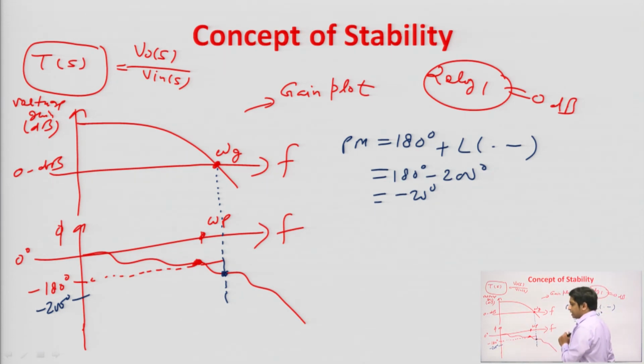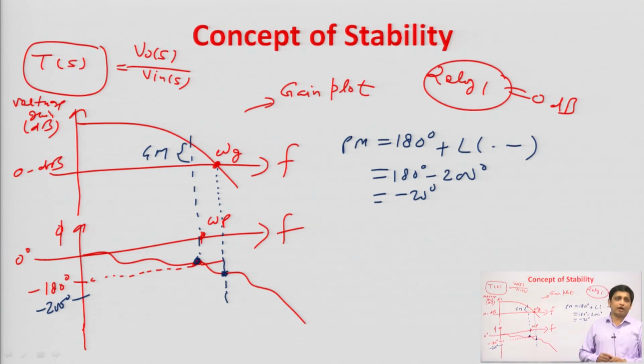Similarly, we can calculate the gain margin. In gain margin, what do we do? We draw a vertical line from the phase plot at which the phase plot is crossing the minus 180 degree line, right, and from here we can calculate the gain margin. Fine.